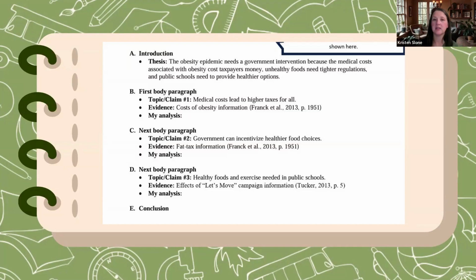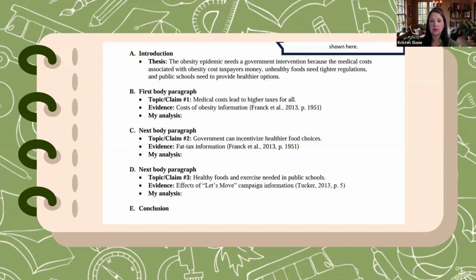And then my evidence is going to focus on the costs of obesity information. The source I'm going to use is my Frank source. It's from 2013. I'm specifically going to reference page 1951. And then I'm going to leave space in my outline to fill in my analysis.